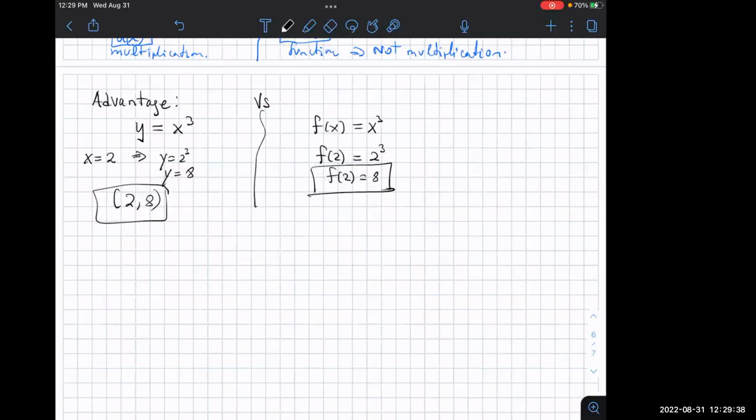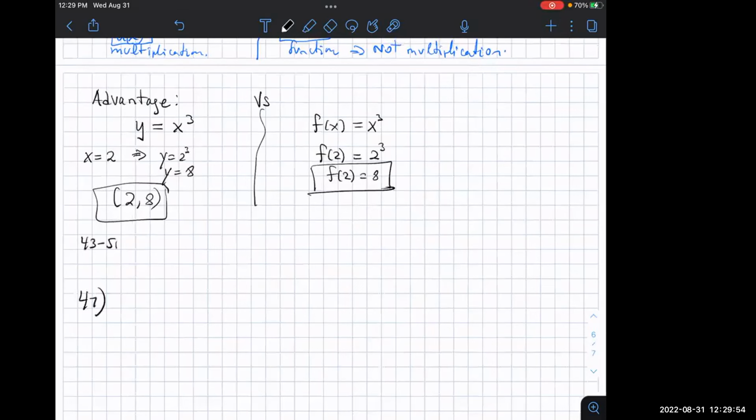So let's look at problem 47. I guess we should write the question first. This is problems 43 through 50. Find the following. A, f of 0. B, f of 1. C, f of negative 1.